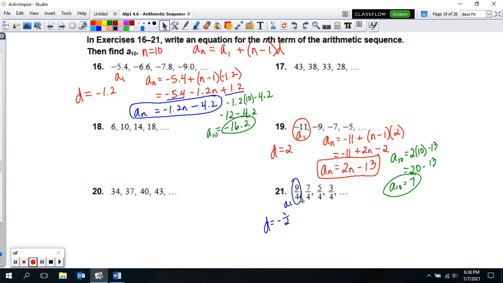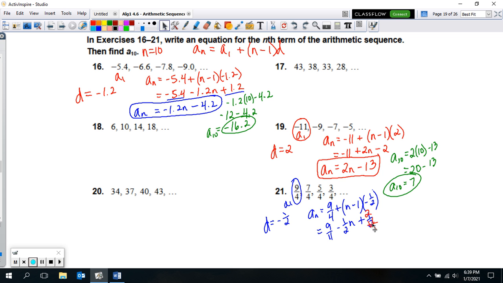So hopefully you understand that as we move forward. So let's go and just now plug these numbers in, 9/4 and the 1/2, into our formula. So a of n is equal to our first term, 9/4, plus the n minus 1 times the common difference of negative 1/2. Distribute the negative 1/2 into the n minus 1. So we're going to get 9/4 minus 1/2 n plus a 1/2.